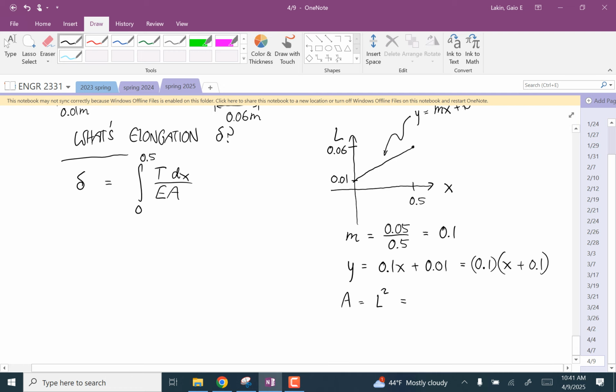And so this is equal to 0.1 squared, 0.01, times x plus 0.1 times x plus 0.1. You with me on that?